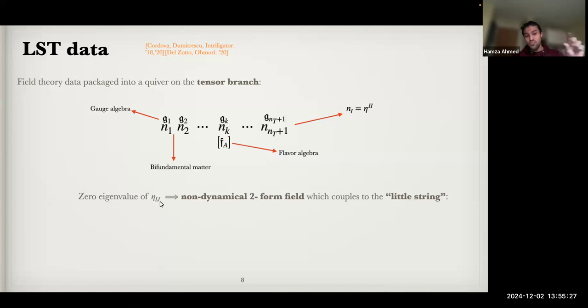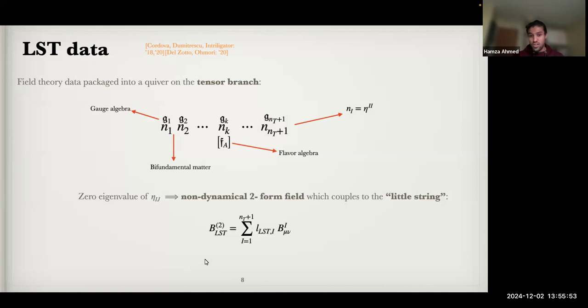The reason that this happens is because these etas, by supersymmetry, are the coefficients of the kinetic terms of the B fields. So if the matrix has a 0 eigenvalue, then you can always go to a basis where the kinetic term of one linear combination vanishes. And so that particular B field is not a dynamical field of the theory. It's a non-dynamical, background two-form field that's been coupled to the theory.